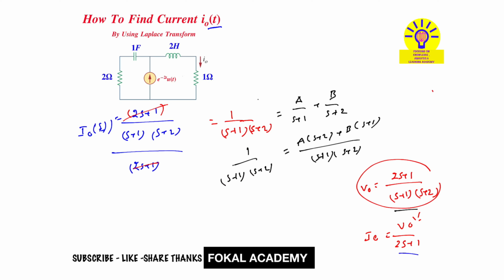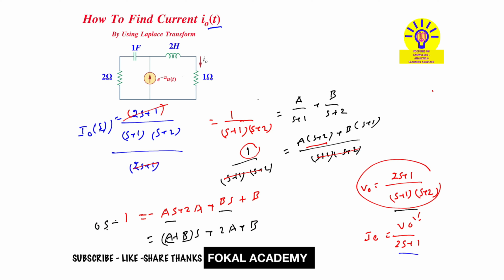Here s plus 1 into s plus 2 will be cancelled on both sides, and it remains 1 equals as plus 2a plus bs plus b. Bring s common in these two terms, we get a plus b into s plus 2a plus b. There are no s terms on the LHS, that is 0s plus 1.